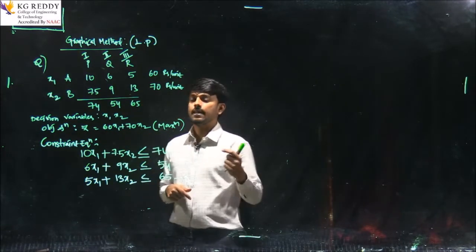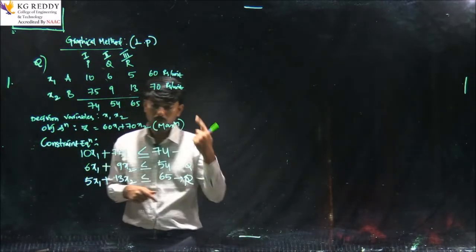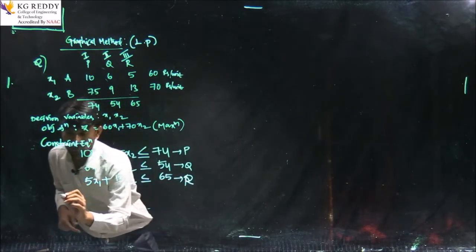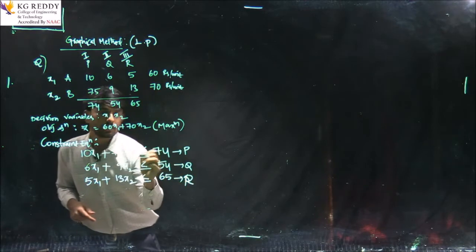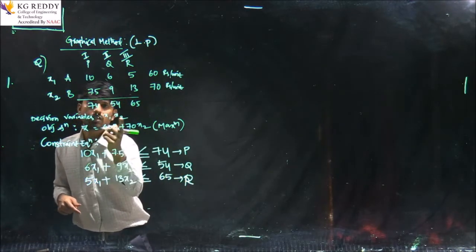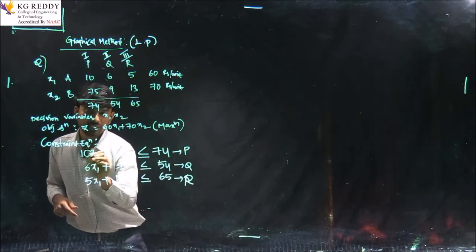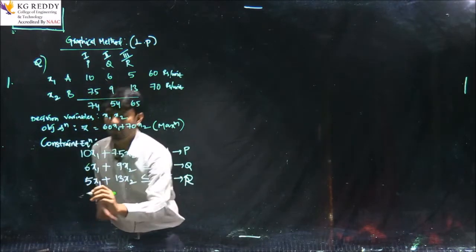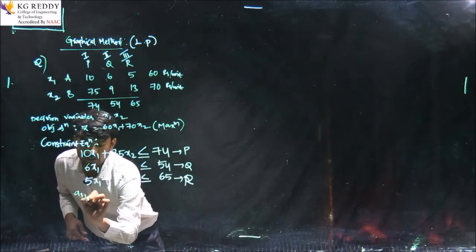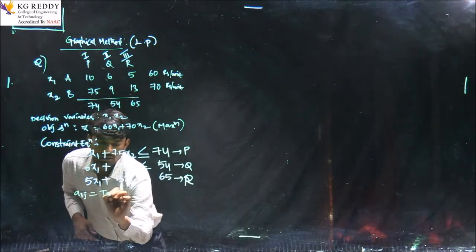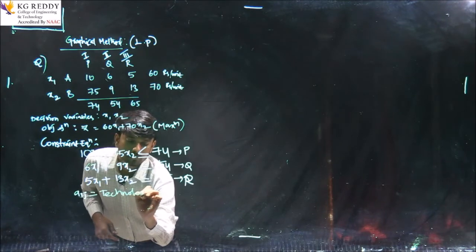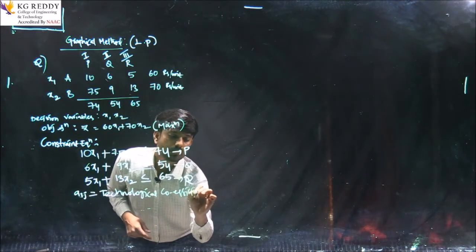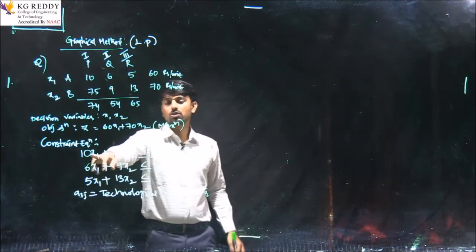Now, one more thing: there is some standard terminology we have to briefly discuss. We know x1, x2 are the decision variables, and these 10, 7.5, 6, 9, 5, 13 are called technological coefficients.